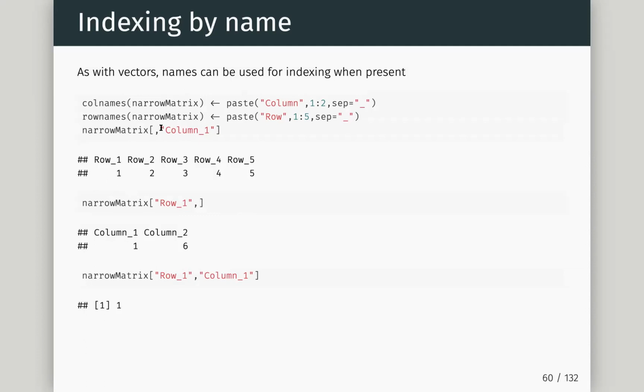And then if I wanted to extract the column named column 1, I can just do comma, and then, like with vectors, I give it the name of the column, and it brings me back a named vector here with the row names now, the names of the values. And I could do it for rows as well. I can bring out the first row, and then it names the values by the column they were from. And I can use these just like I would numbers to pull out particular values from that table. Okay, row 1, column 1.